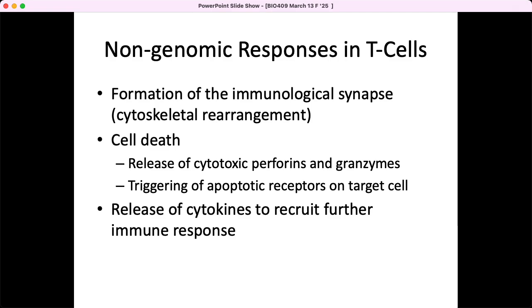And they also release chemicals that directly kill the cell itself. And they release further chemicals called cytokines, which are just signaling molecules used by the immune system to recruit more immune cell responders to the area.